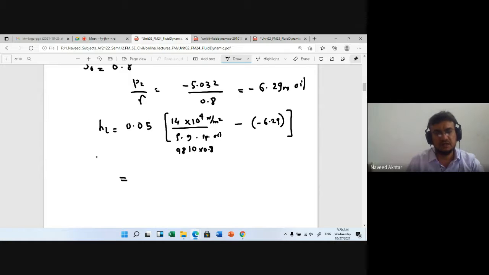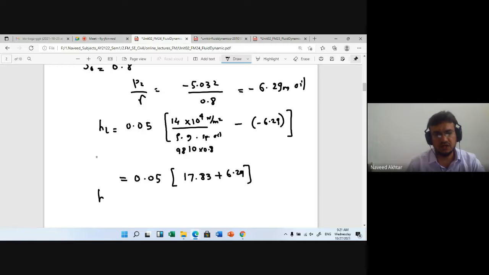So it will be 0.05 into 14 into 10 raised to 4 divided by 9810 into 0.8, since the oil is flowing and not water, that is 17.83. The minus minus will be plus 6.29.